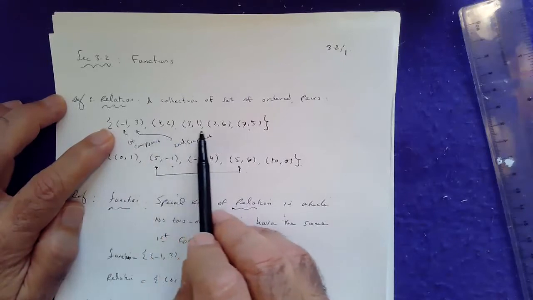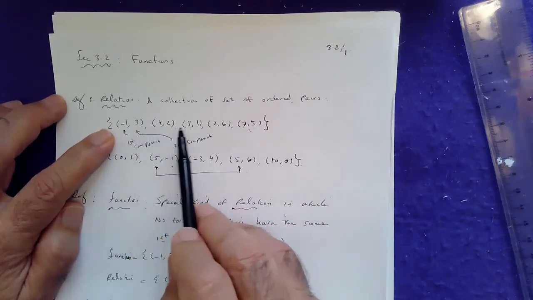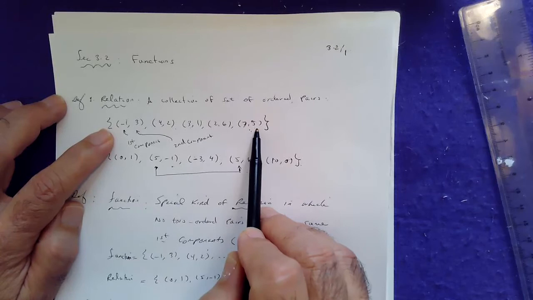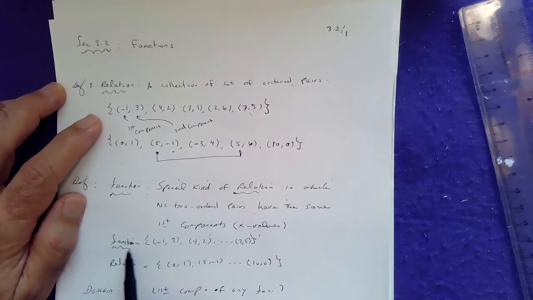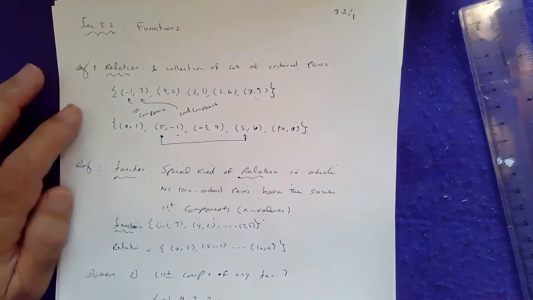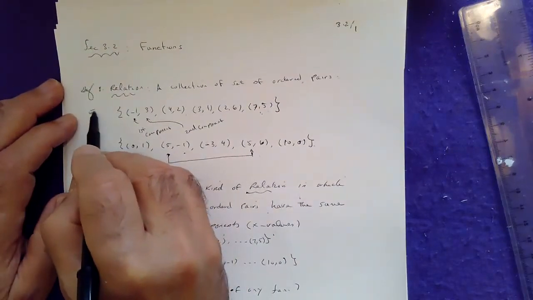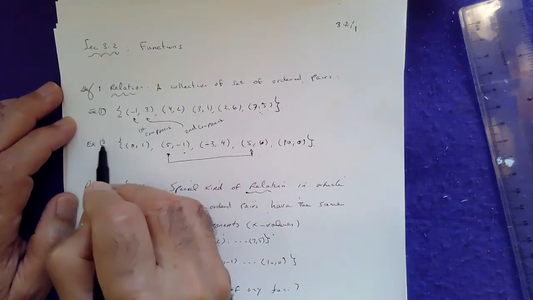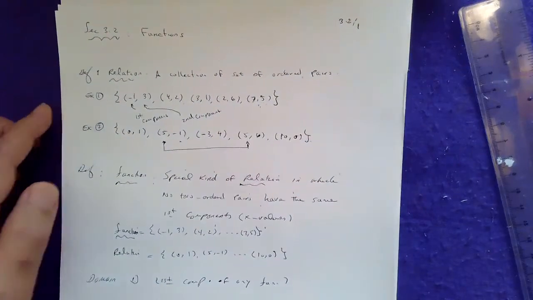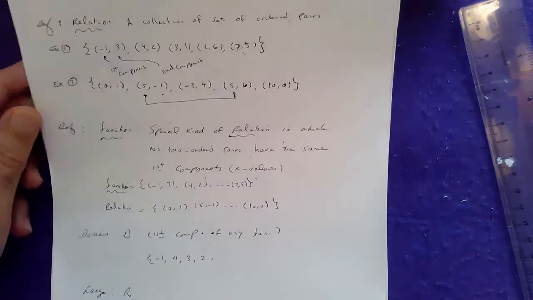So that relation can also be known as a function. Therefore, the first example, number 1, is a function, because no two ordered pairs have the same x value.